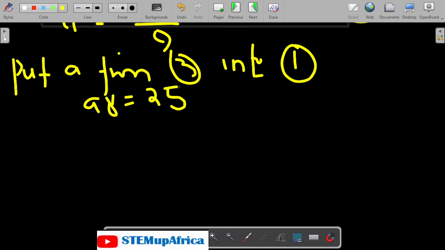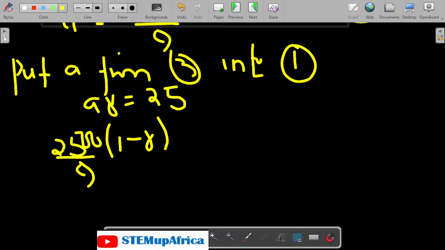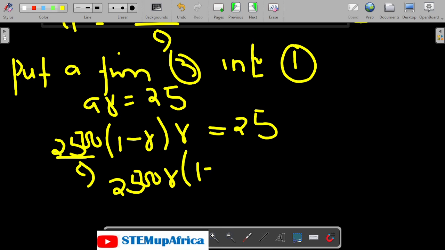So we're going to have 2500 over 9, 1 minus r, equal to 25. Okay, so I can cross multiply. I'm having 2500 r into 1 minus r equal to 25 times 9.